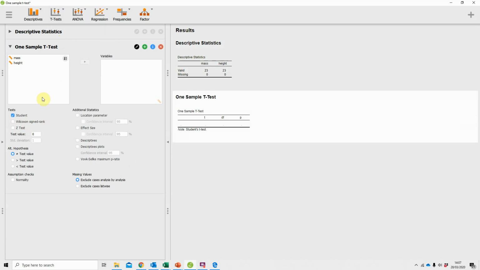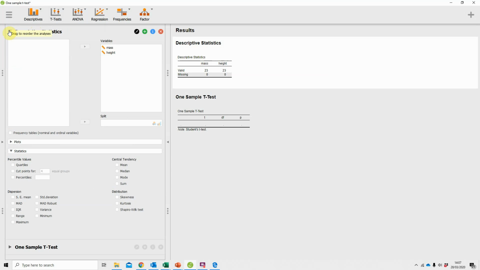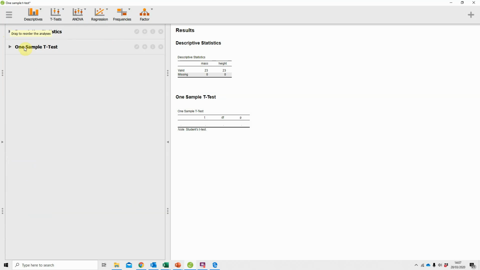I'd also like to draw your attention to the fact that even though I've now moved on to the next test, the descriptive statistics section stays within this menu area, and I can expand this to review at any point in time. This is a very nice feature because it means that when it comes to writing up the method section later on, you can see the statistical analysis that you completed in the order in which you completed it.